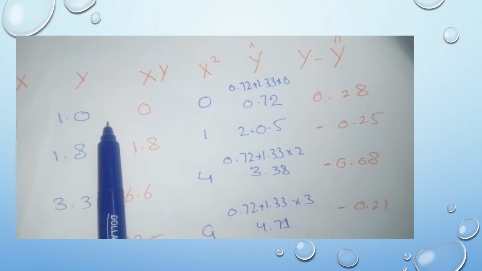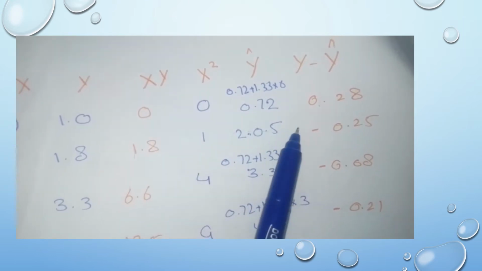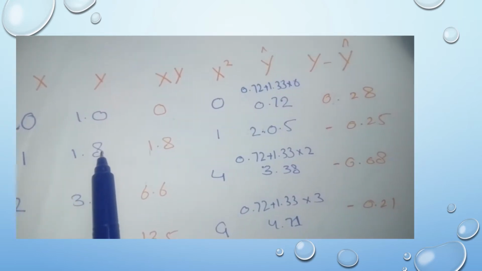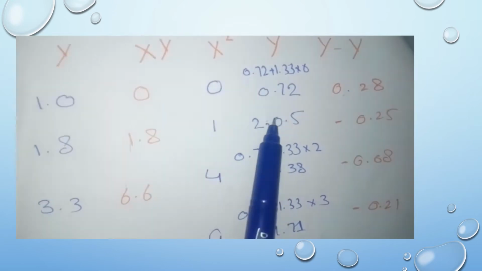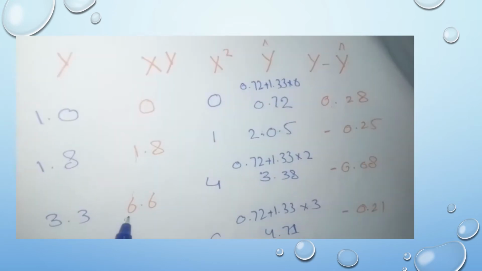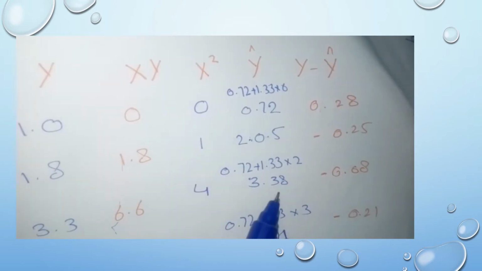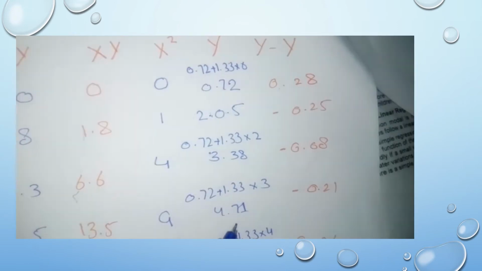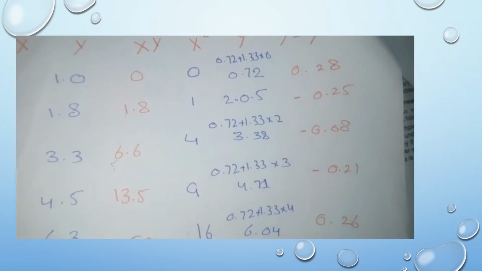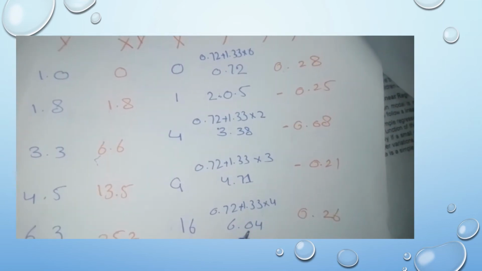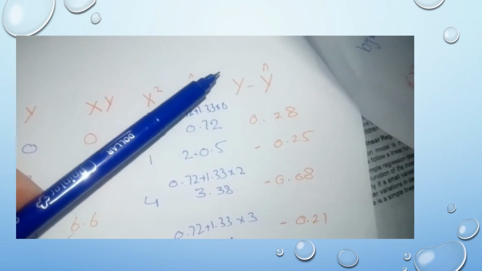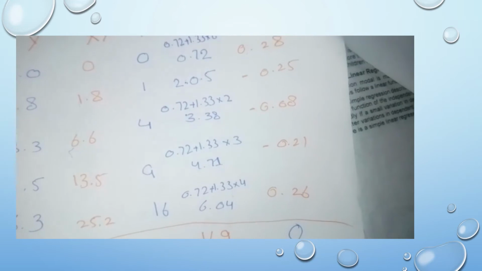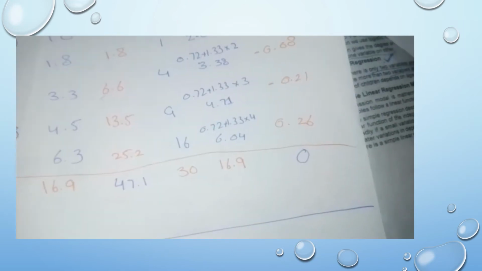So 1.0 minus 0.72, 1.8 minus 2.05, 3.3 minus 3.38, 4.5 minus 4.71, 6.3 minus 6.04. So the sum of y minus y hat is 0. So it shows the sum of the error is 0.